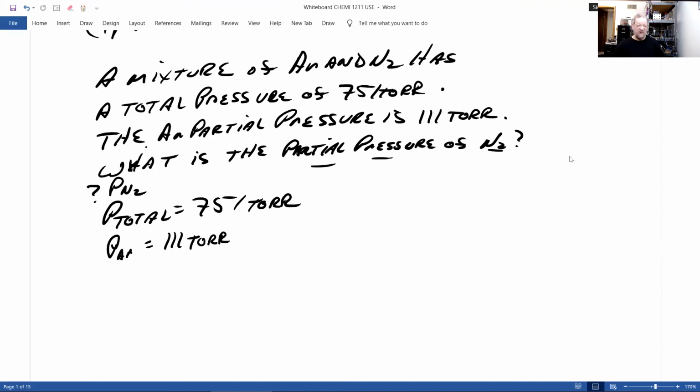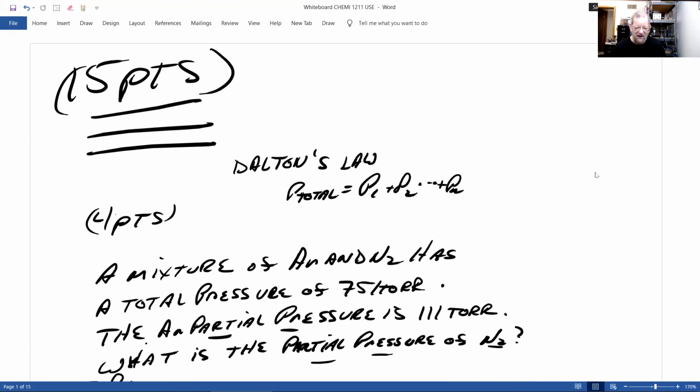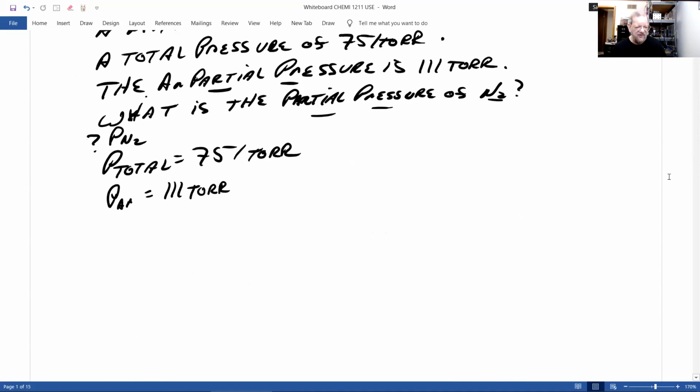As soon as you see the words partial pressure, you think of Dalton's law of partial pressures. P total is the sum of the partial pressures of all the gases in that mixture. So in this case, P total equals the partial pressure of argon plus the partial pressure of nitrogen.